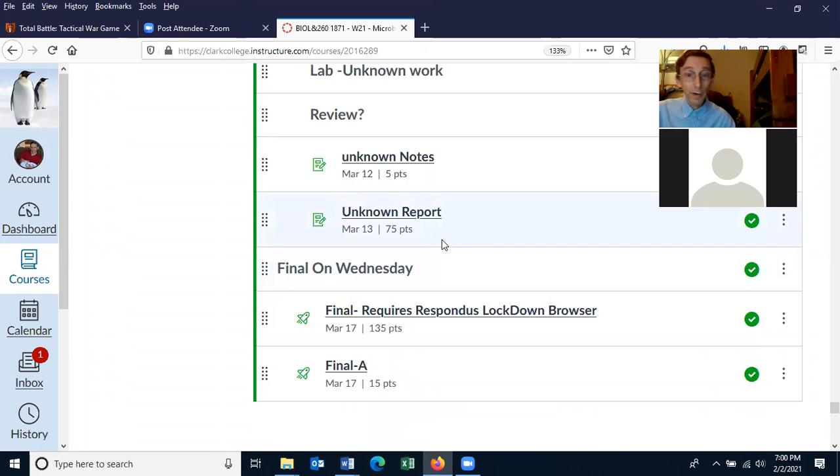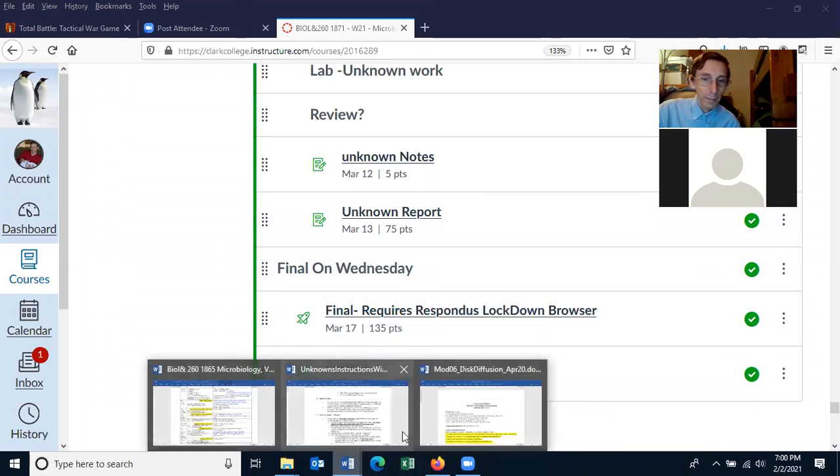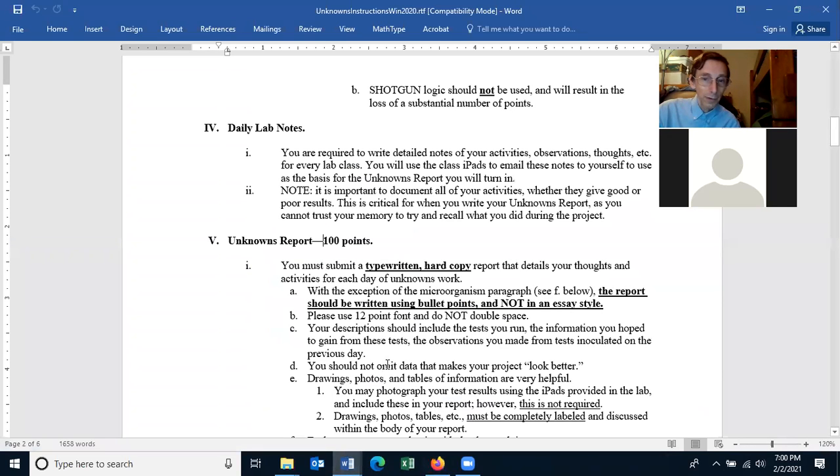Yeah, the unknown report is worth 75 points. This is an old copy I have on my computer, and hopefully I've updated your version, because that's a little bit misleading if it's saying 100 points. If you have something that says 100 points, let me know and I'll correct that. But I think I've already updated that.